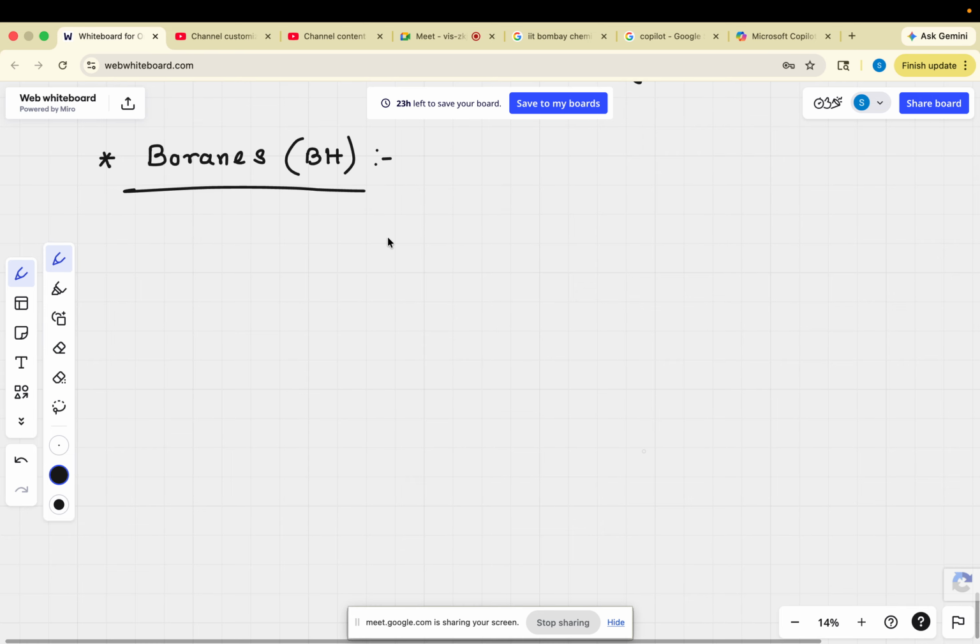And another type of compounds we have, which is known as carboranes. Carboranes means the compounds which are formed by carbon, boron and hydrogen. If you have only boron and hydrogen, then it will be boranes.